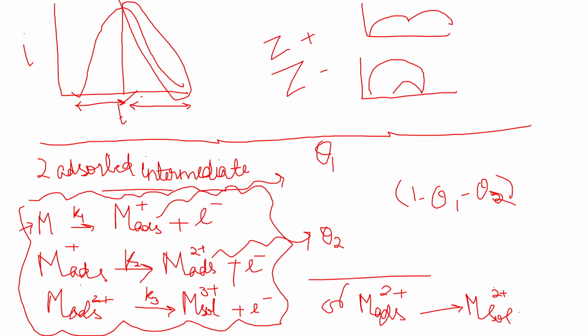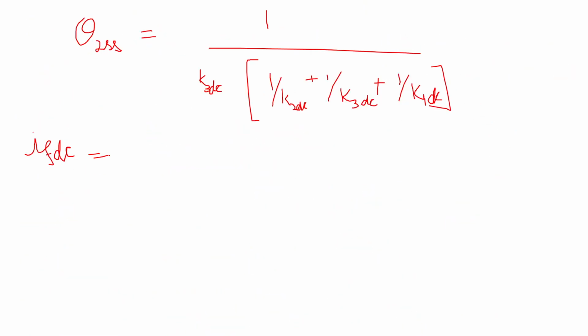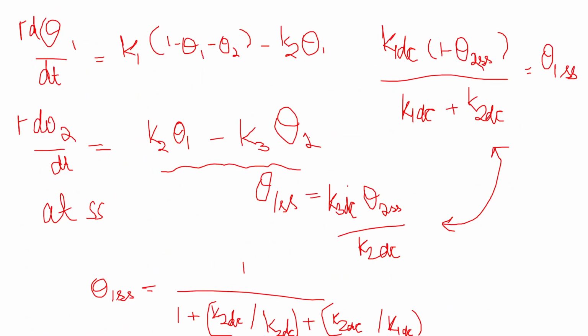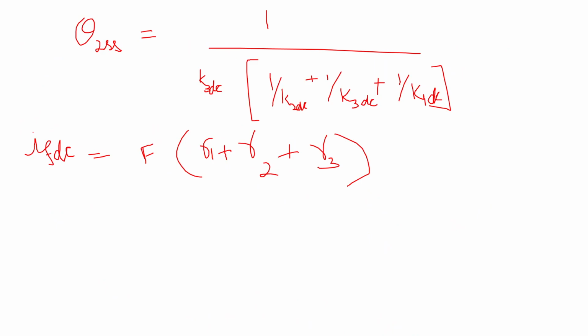Because all the three are electrochemical reactions. So your equation would be nothing but F into R1 plus R2 plus R3. So we have already written down what is R1, R2, R3.